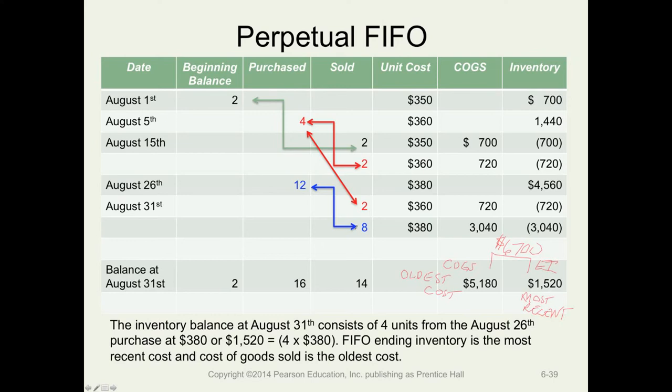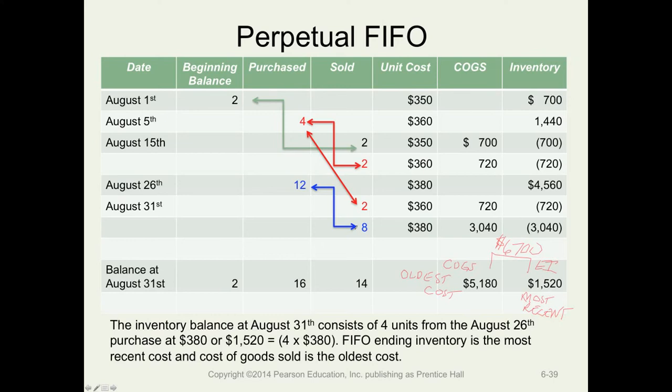FIFO assigns the most recent cost to ending inventory and the oldest cost to cost of goods sold. No matter what costs are assigned to the units, make sure you understand that the units on hand are going to be the current units. So in this case, the FIFO cost flow follows the unit flow.